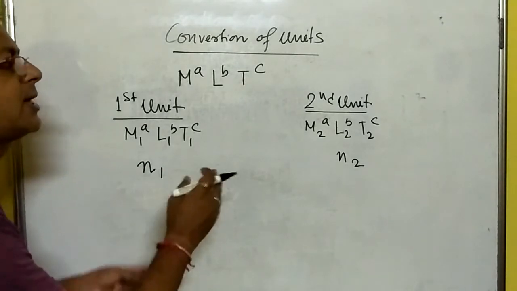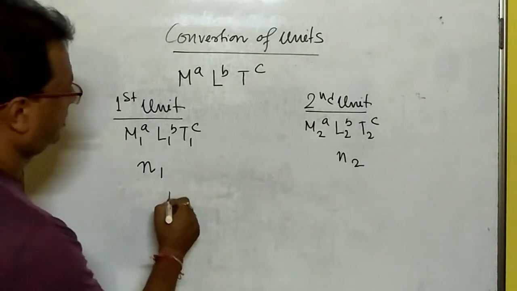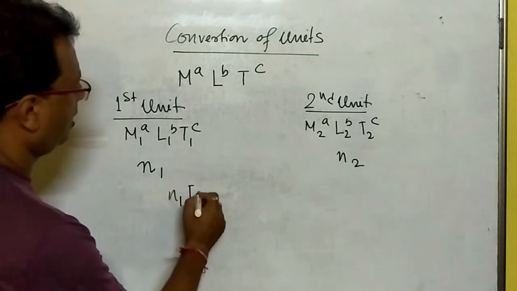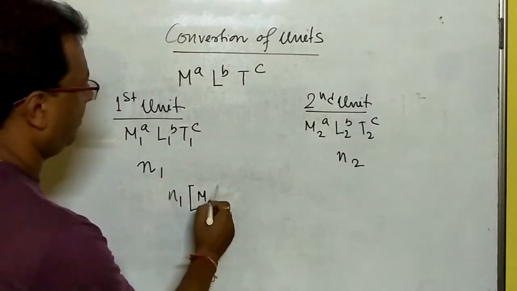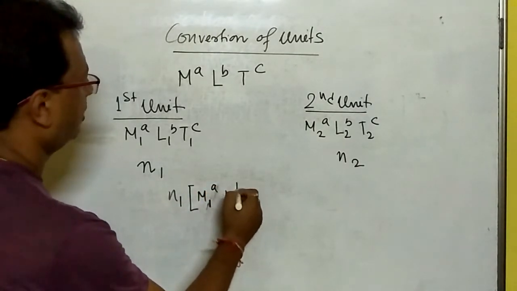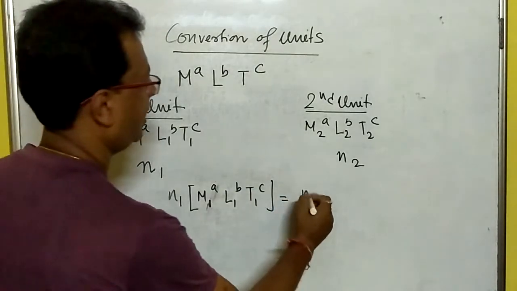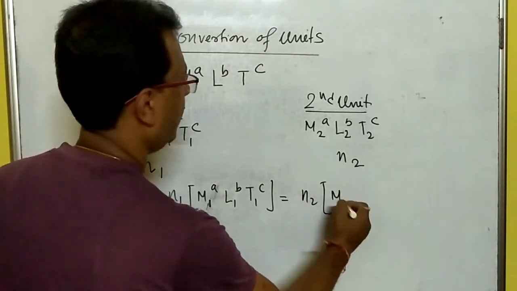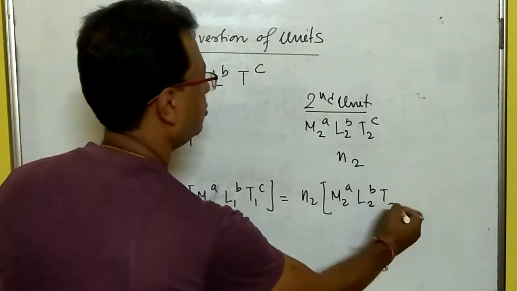Now, since dimensions are the same in both the units, or in any units, we can write it like this: n1 M1 to the power of a, L1 to the power of b, T1 to the power of c is equal to n2 M2 to the power of a, L2 to the power of b, and T2 to the power of c.